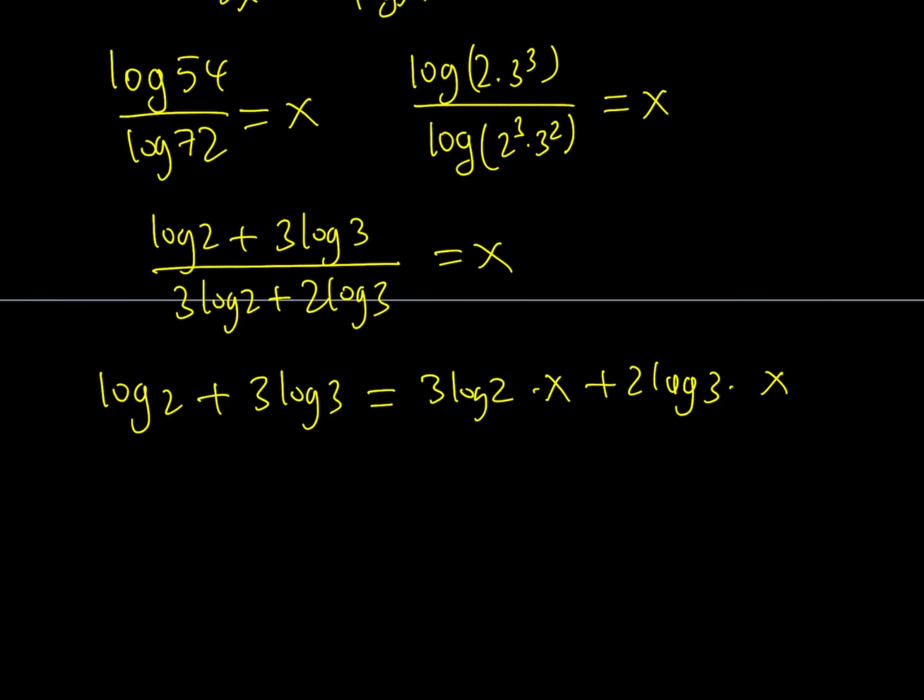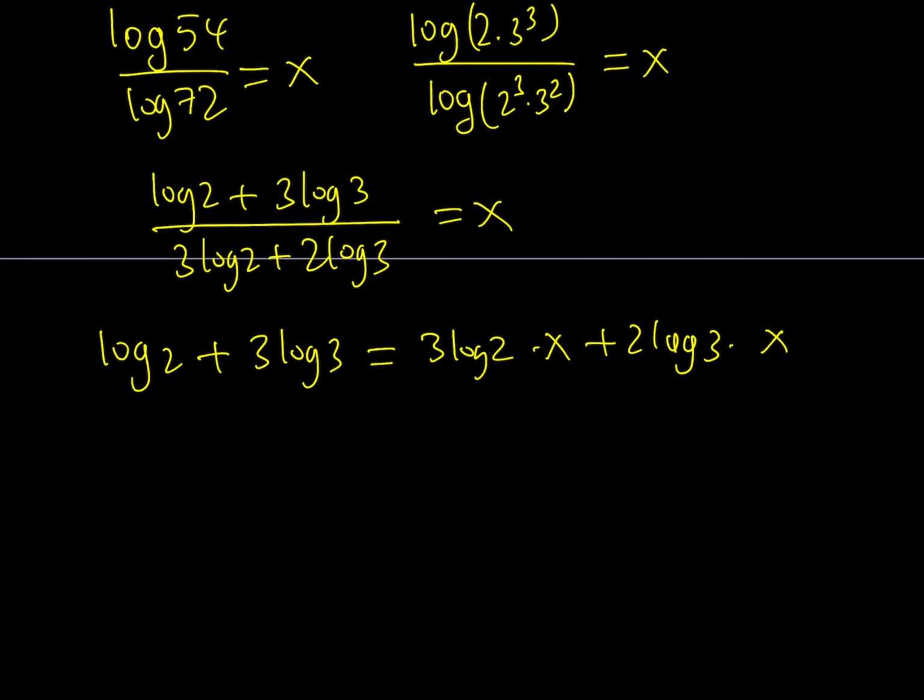Now my goal is to get a ratio of log 2 to log 3, or the other way around. So I would like to collect the log 2's on one side. So let me subtract log 2 from the right hand side, and then subtract this other term here on the left hand side. So it's going to look like this.